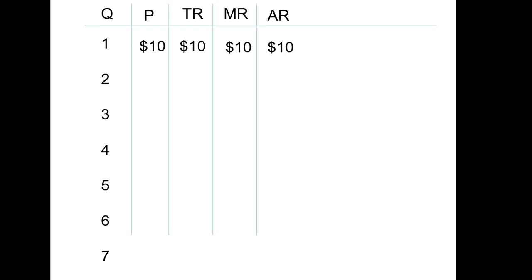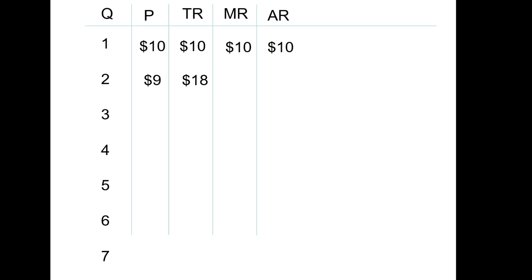Now, in order to sell another product, unlike the perfect competitor, in this market structure they have to lower the price. So they lower the price to $9. Total revenue goes up to $18. Why 18? 2 times 9 gives me 18. But what happened to marginal revenue? Total revenue was 10.